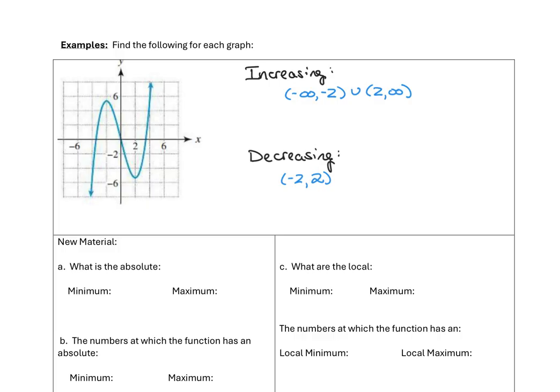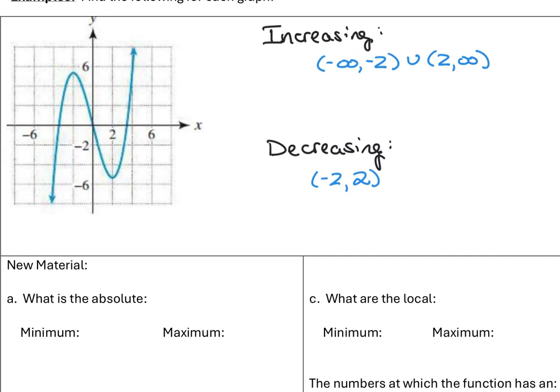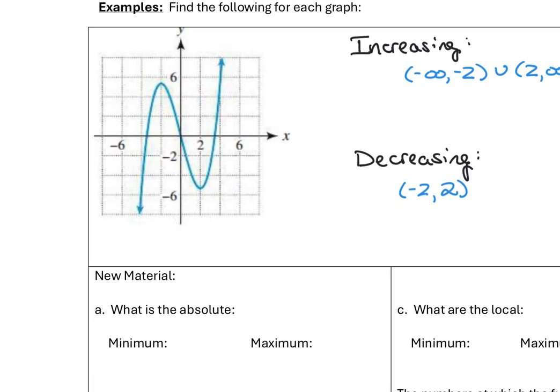Just a reminder that our graph is increasing from negative infinity to -2. We reach the peak and then we turn back down. We turn back around and go down until we get to 2. And then we are increasing again.